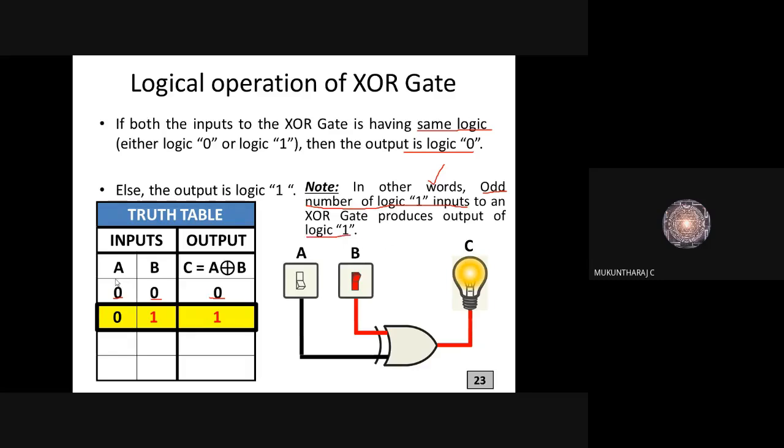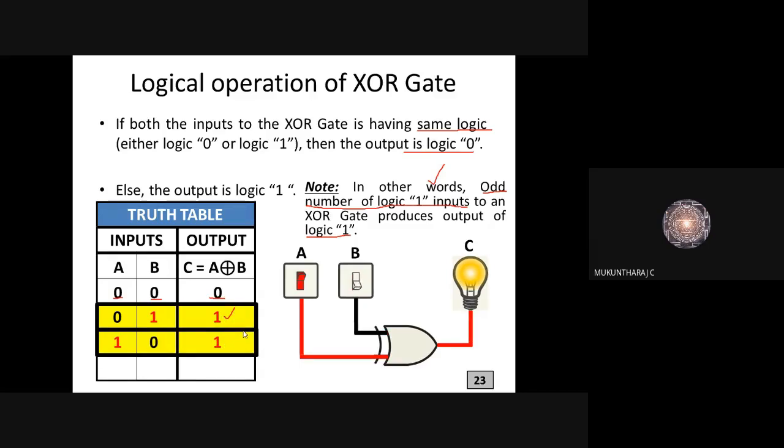Here there are 2 inputs, and among them the input B has logic 1, so on that one logic 1 is available. That means odd number of 1. So odd number of 1 produces logic 1 as the output.